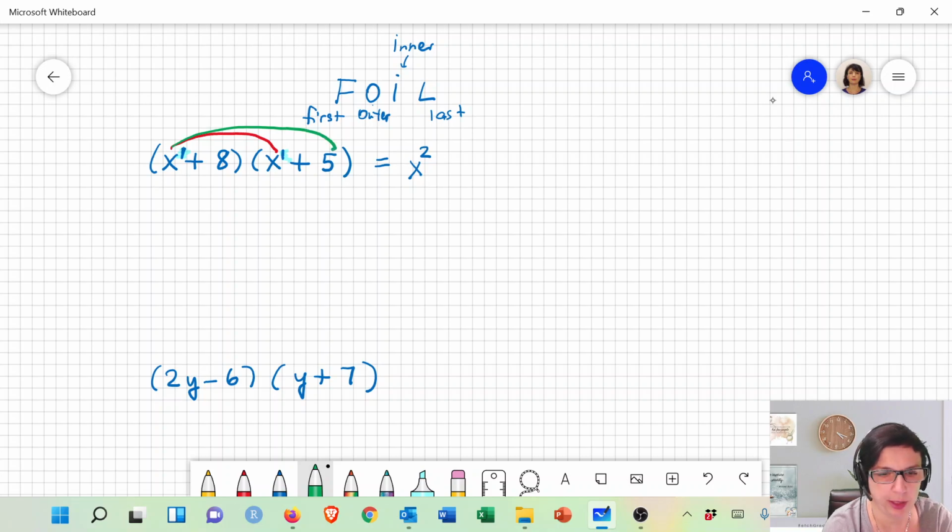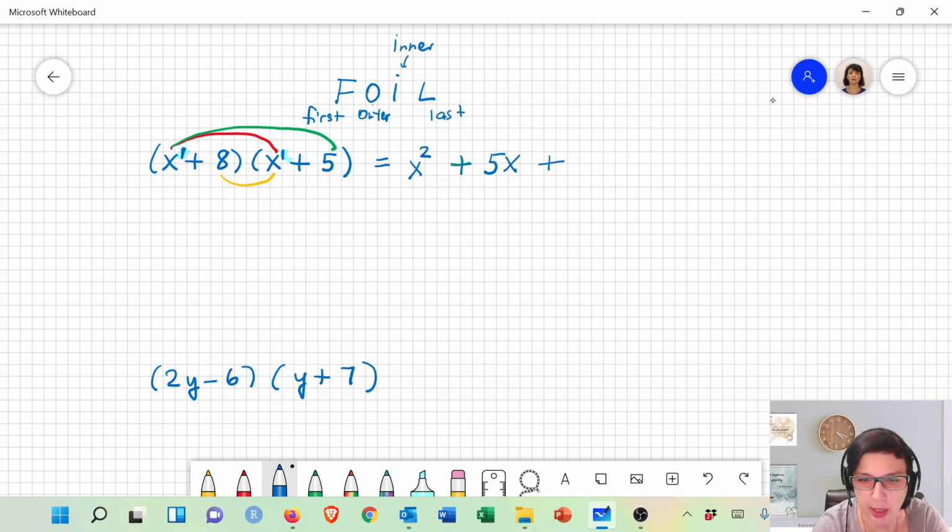Next, we're gonna do outer. So that would be these two: x to the power 1 and the 5. So plus x times 5, which is the same thing as 5x. We usually put the number before the variable. Then we do inner, which is 8 times x to the power 1, that's just 8x.